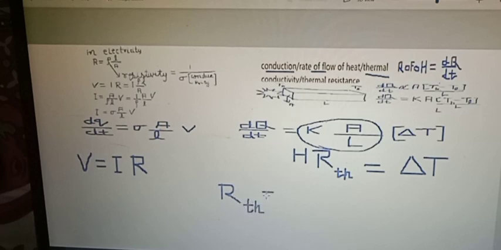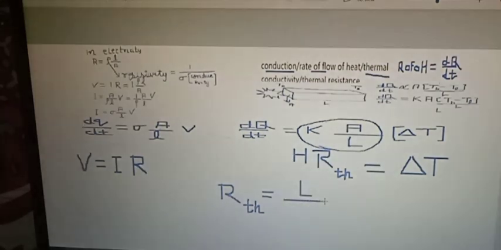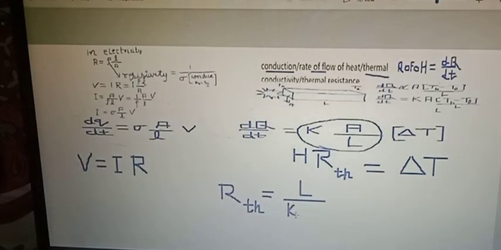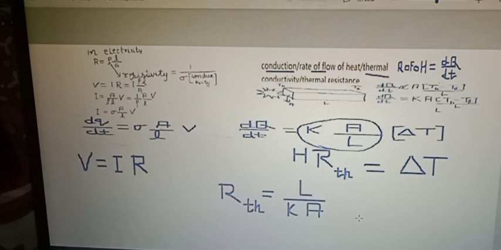So here we have V equal to IR, and here we have delta T equal to H R TH. And you can see that this R TH is L upon KA. As we know rho L upon A, instead of rho there will be 1 upon sigma and then L upon A. So we will call it thermal resistance. So in thermal physics, keep this analogy in your mind.